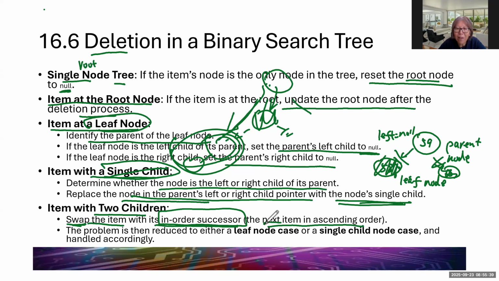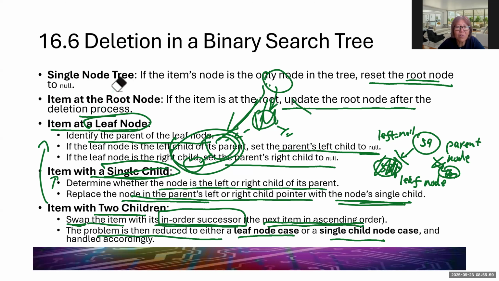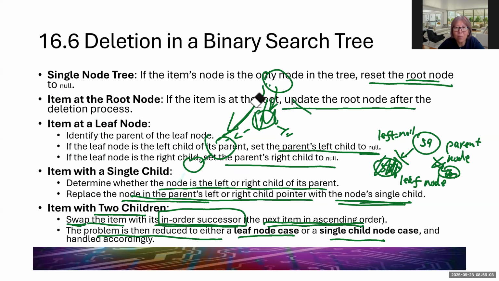Then the problem can be reduced to either the leaf case or the single child case, and we can use the respective approach. So that's the general scenarios for the delete operation.